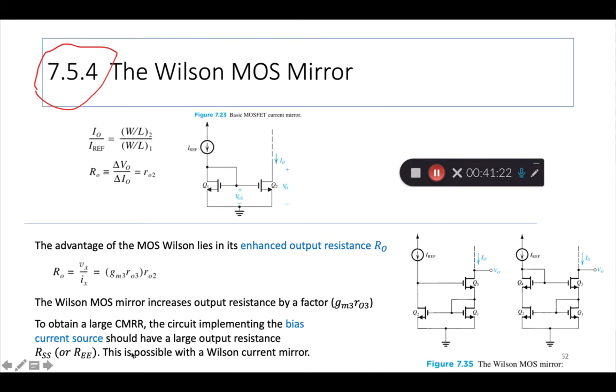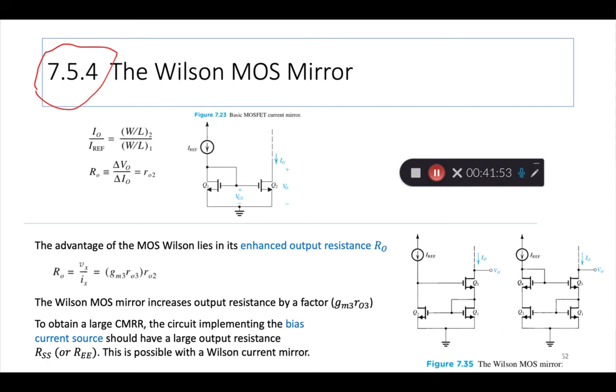Why does this help us here? To obtain a large CMRR, the circuit implementing the bias current source should have a large output resistance. So this is possible with a Wilson current mirror. So anytime you have a current mirror, if you are able to increase its output resistance, you get a better CMRR, a larger CMRR.